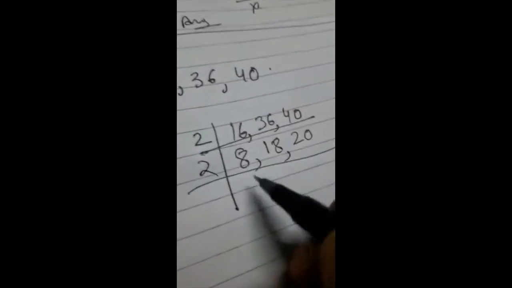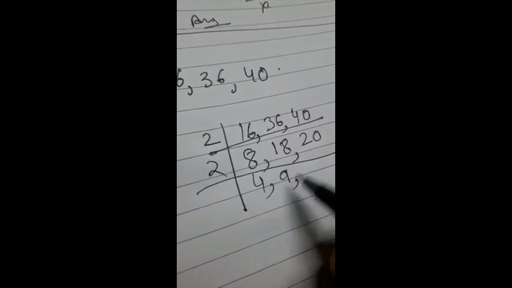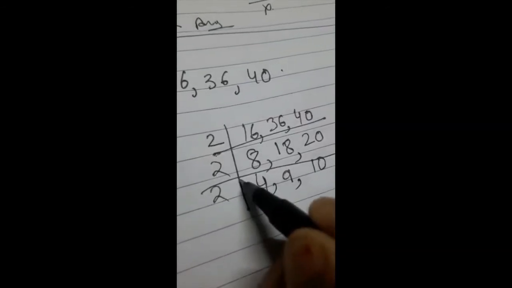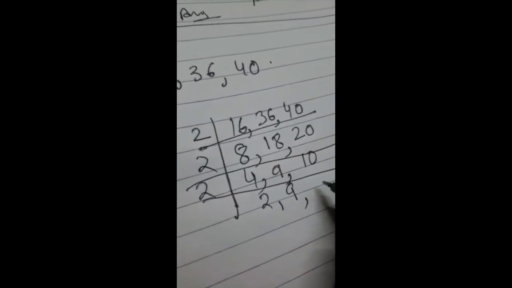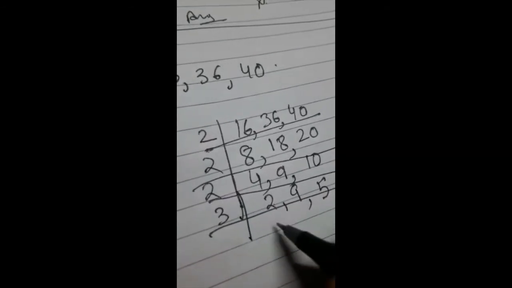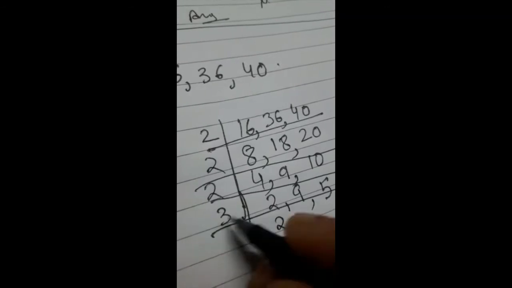2 8s are 16. 2 2s are 4, 2 0. Again 2 is divisible by 2. 2 4s are 8, 2 9s are 18, 2 10s are 20. 2 10s are 20, yes. Again 2, 2 2s are 4. 9 is not divisible by 2, so we write the same. And 2 5s are 10. Again by 3, 2 is a prime number, we put the same. 3 3s are 9, and 5 the same.